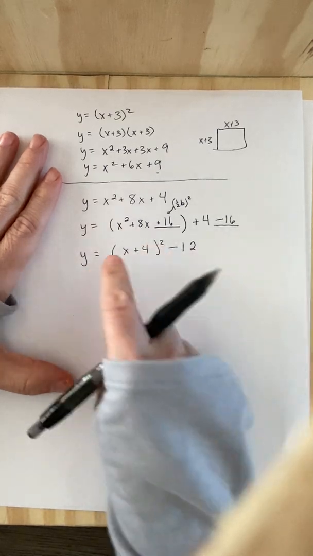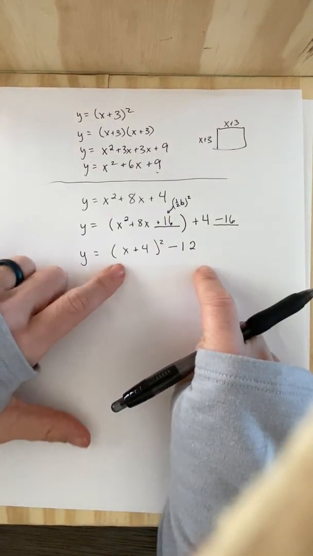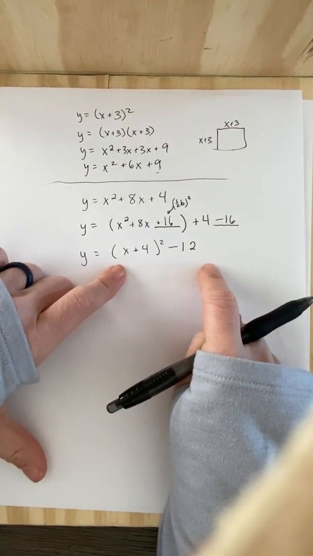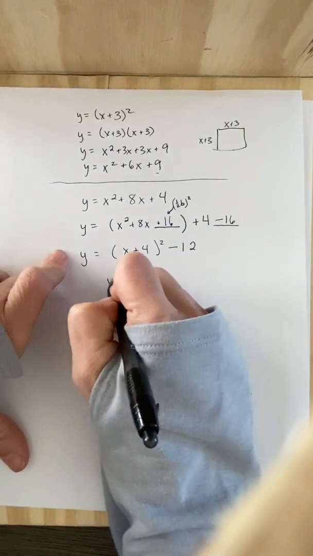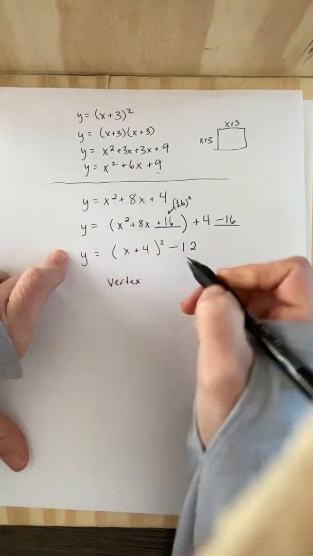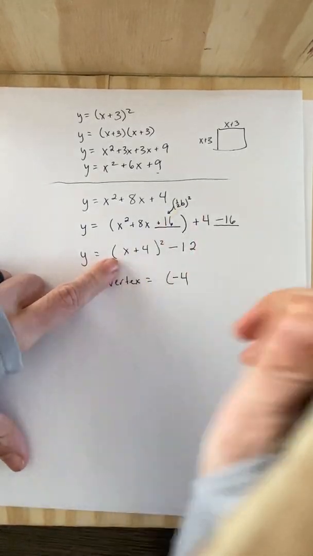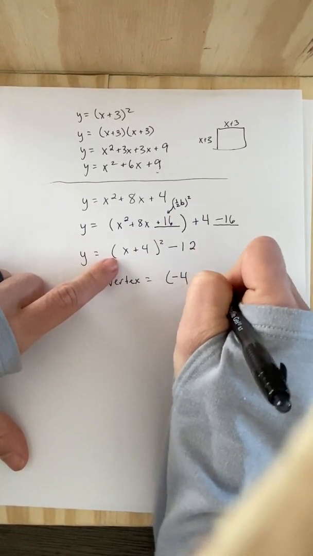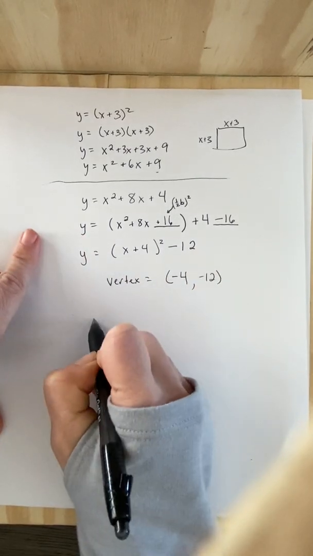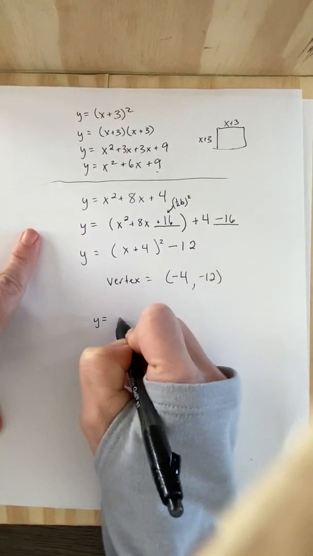What we are left with is a function that's in that vertex form that we're looking for. If we were to find the vertex of this, it would be negative 4, remember, the opposite of that middle term, comma, negative 12. You'll see it written a lot like this.